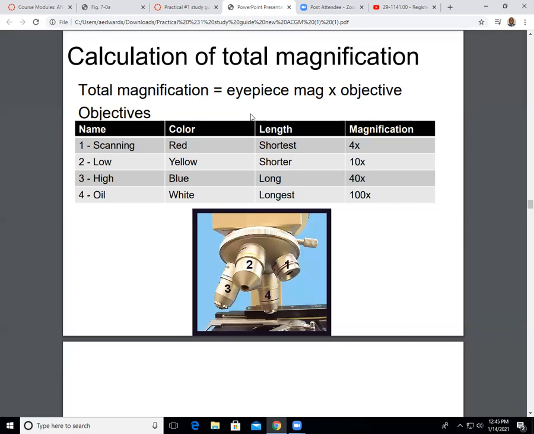Low power objective, 10x. What would the total magnification be? 100x. How did I get that? 10x times 10x, right? High power, 40x is the objective. What's the total magnification?